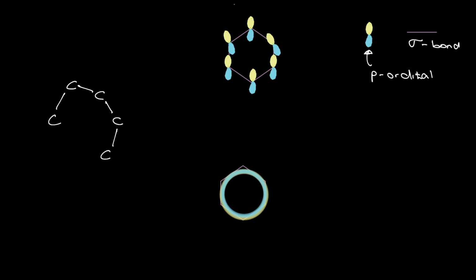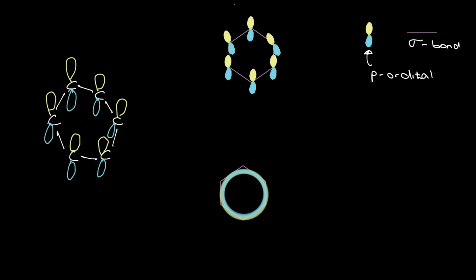So now we can draw the carbon forming another carbon. It's carbon, carbon, carbon, and carbon. Each carbon will form with a p orbital on top and below. So that's a p orbital on top, that's a p orbital below, p orbital on top, p orbital on top. So now in drawing the p orbitals, you can see that the top orbitals, the yellow ones, will overlap, forming a ring, and the bottom orbitals will overlap to form their own ring.